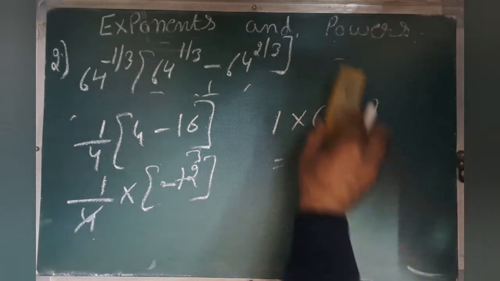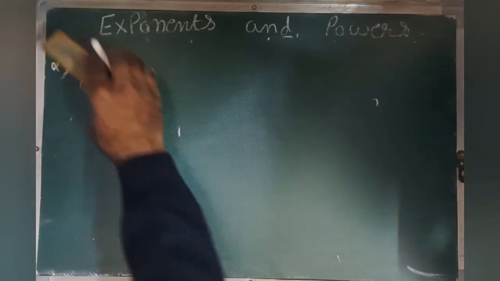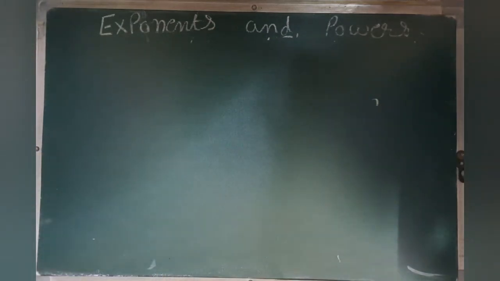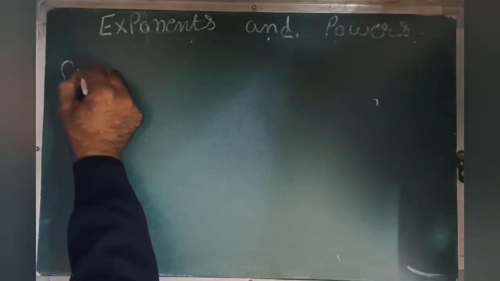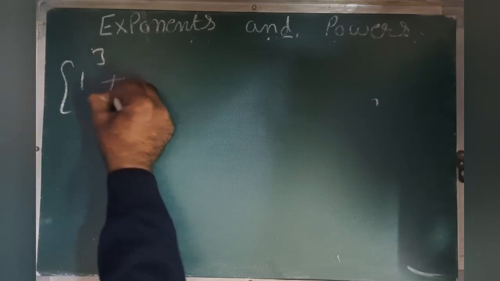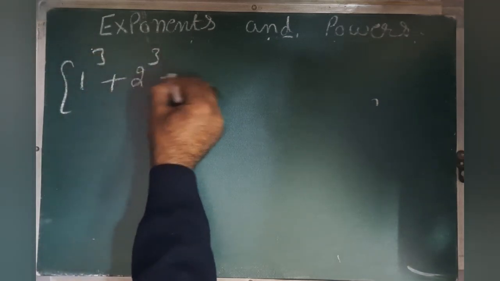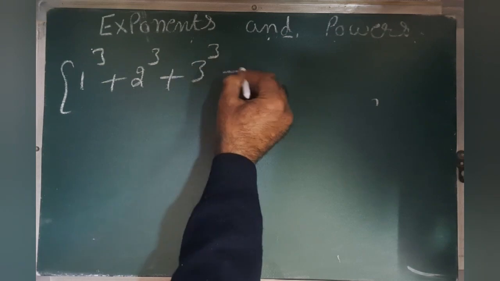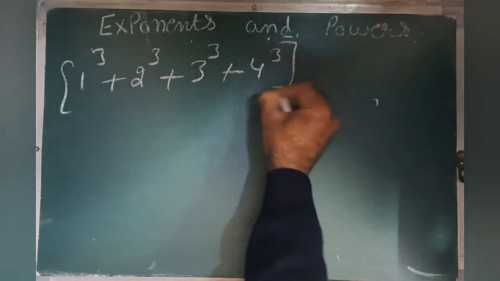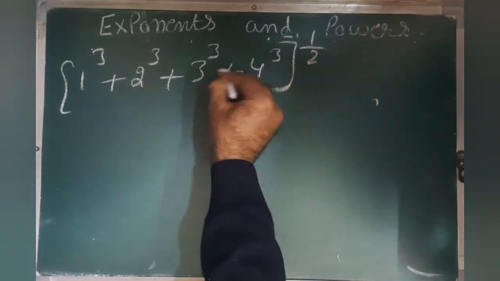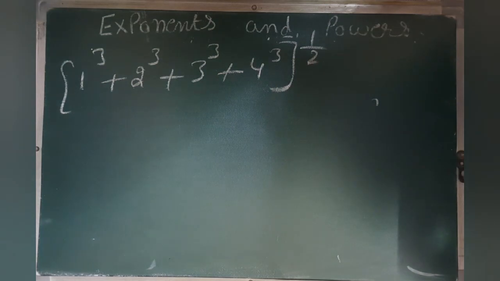Now one more example. Like 1 power 3 plus 2 power 3 plus 3 power 3 plus 4 power 3 and whole power is 1 by 2. Now how can we do this?